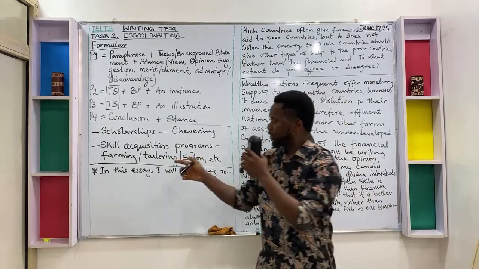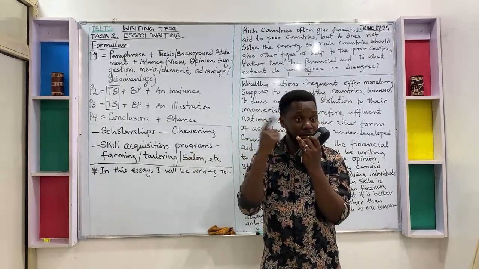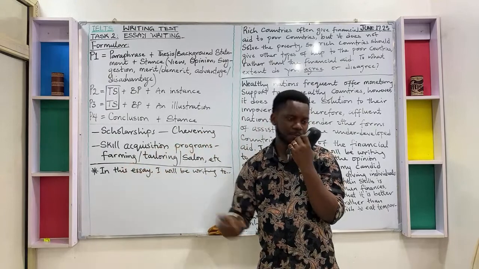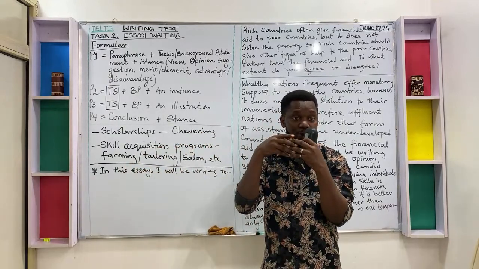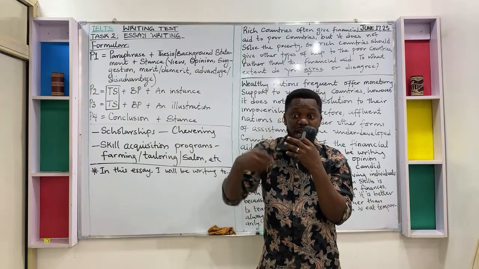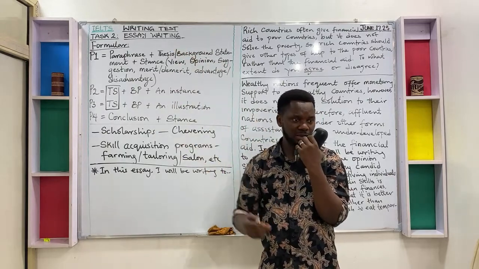Then you can bring in each as an idea in the same paragraph using sequencers. Furthermore, tailoring is another one, and this and that, right? Making the apprentices become international experts, where they can go to advertise or showcase their new fashions at places such as Gucci and all that.